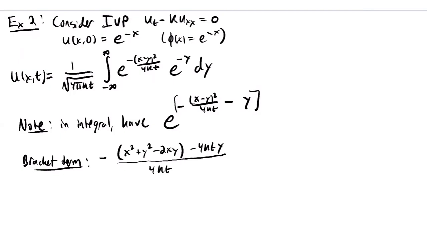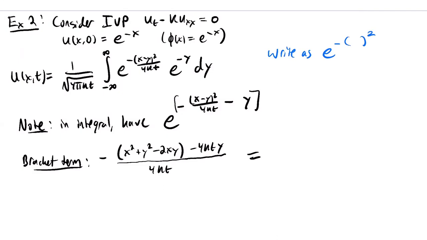And so the idea is, I want to write this as e to the minus something squared.